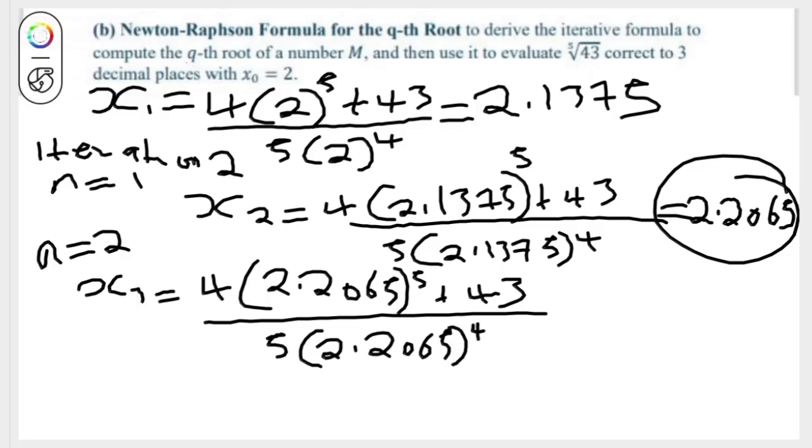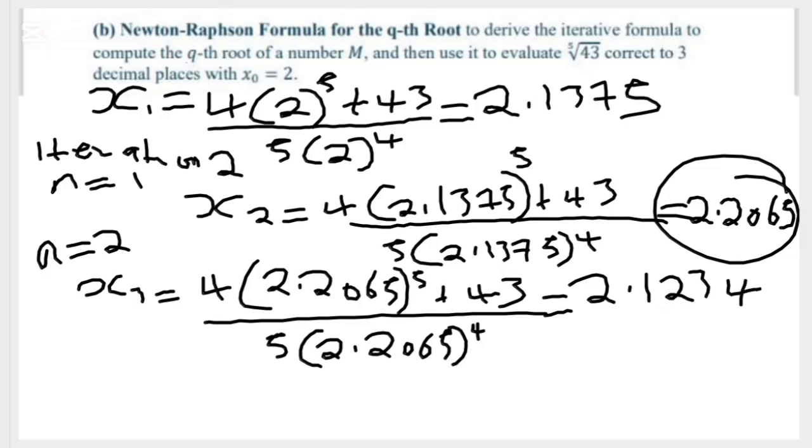So let me see what we are going to get. So at the end I'll get 2.1234. So let me move to the fourth iteration.